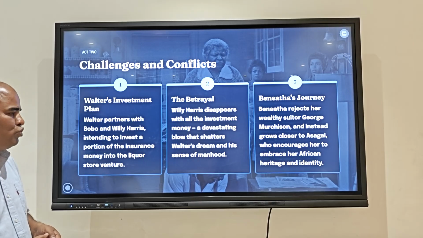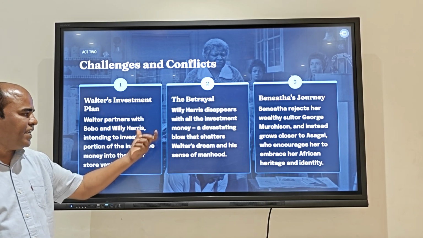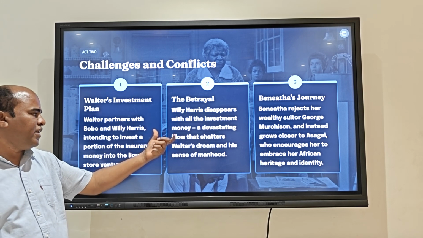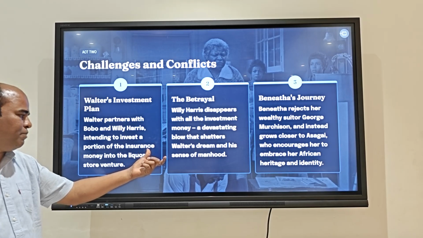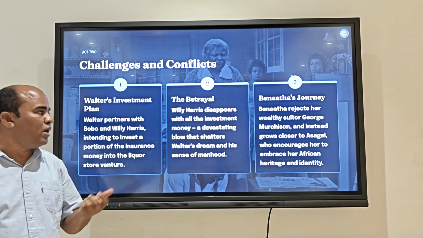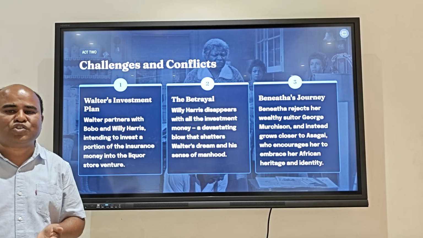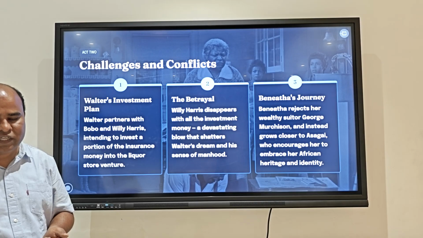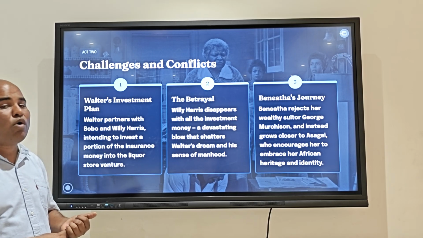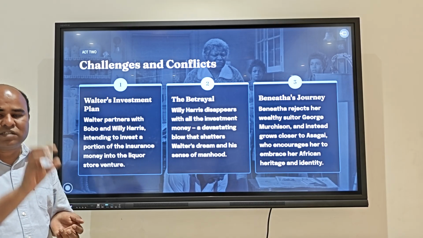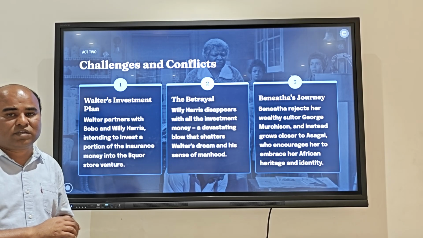And when Willy Harris disappears with all the investment money, it is a devastating blow that shatters Walter's dream and his sense of manhood. Willy Harris runs away with the entire amount. Now, neither his dream of starting the liquor business materializes, nor is his moral responsibility of keeping a certain amount for his sister's education fulfilled.